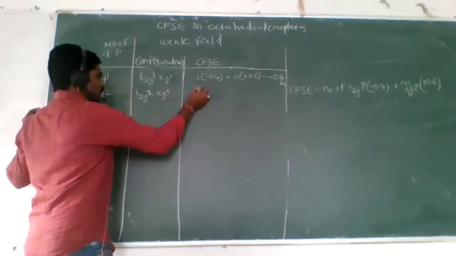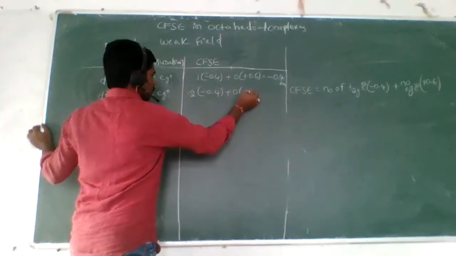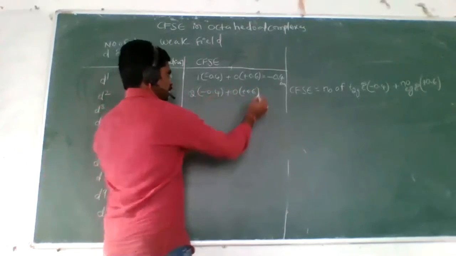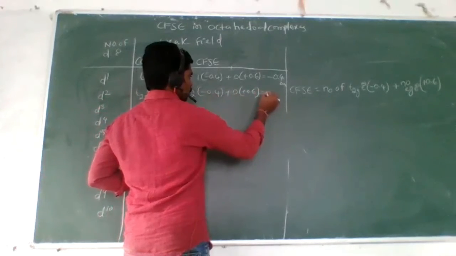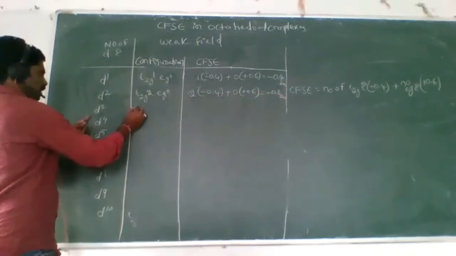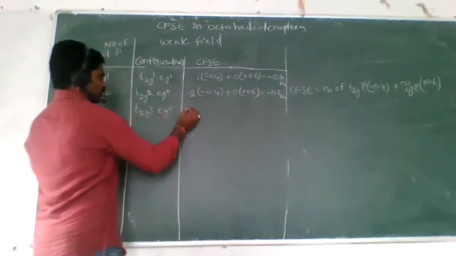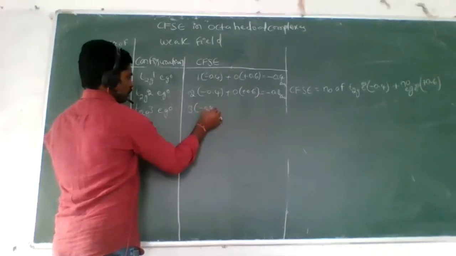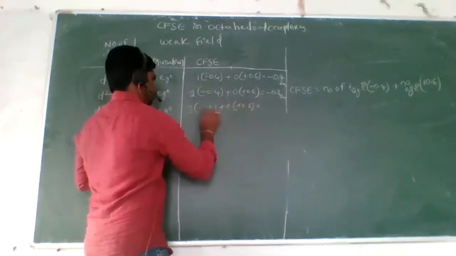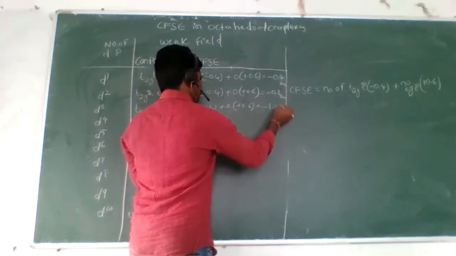So 2 into minus 0.4 plus 0 into 0.6 equals minus 0.8 delta naught. Now d3, t2g3 eg0. 3 into minus 0.4 plus 0 into plus 0.6, 3 fours are 12, so minus 1.2 delta naught.